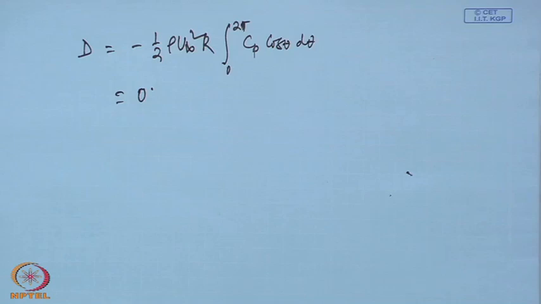So, here also again a situation where the flow is perfectly symmetric, flow has perfect symmetry both with respect to top and bottom as well as front and rear.